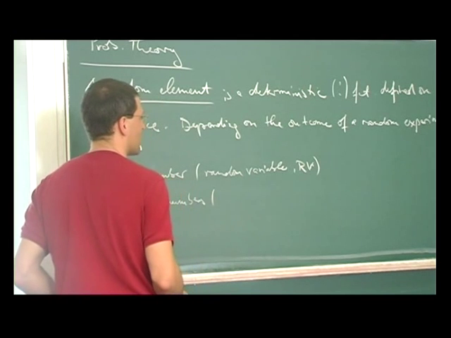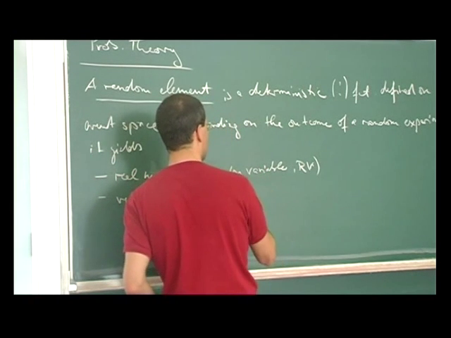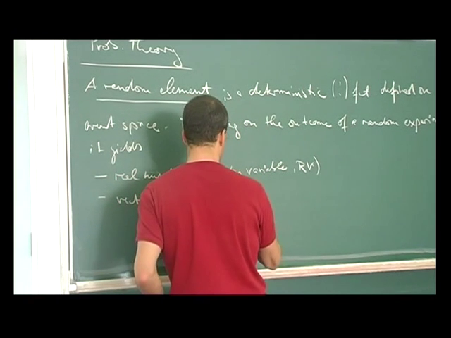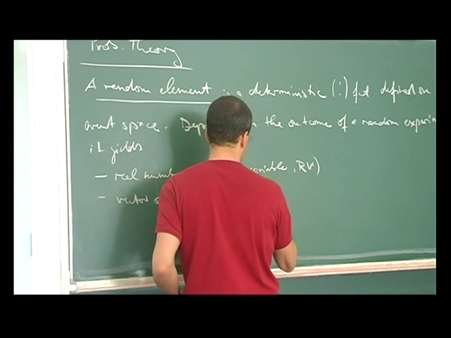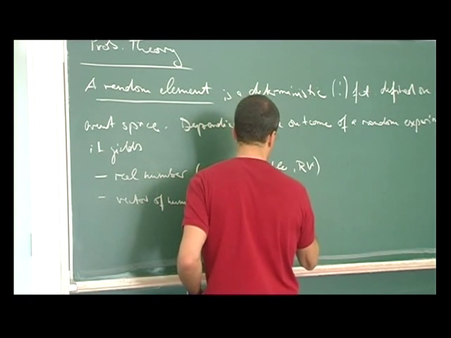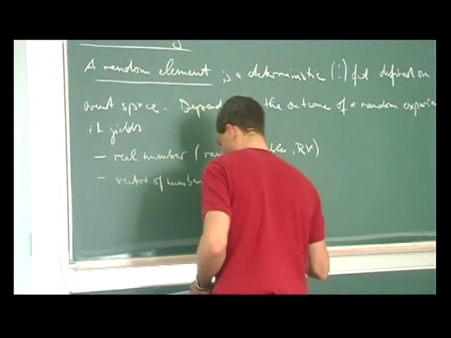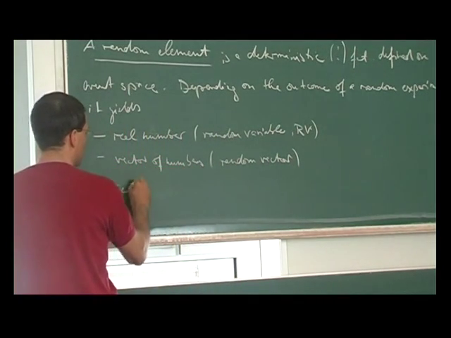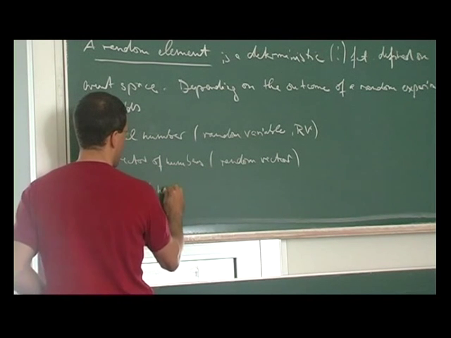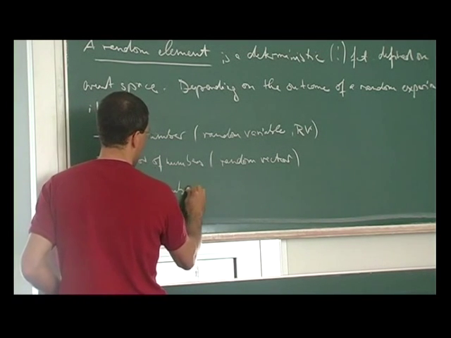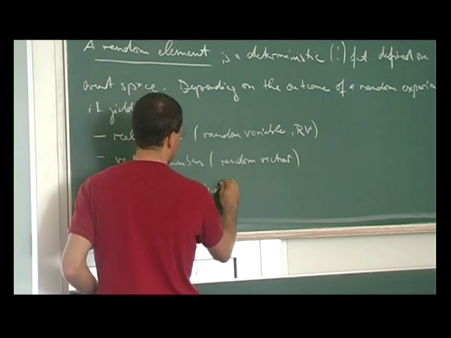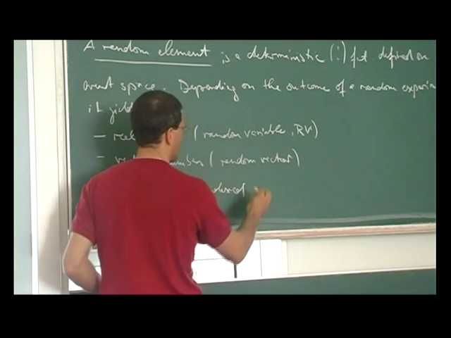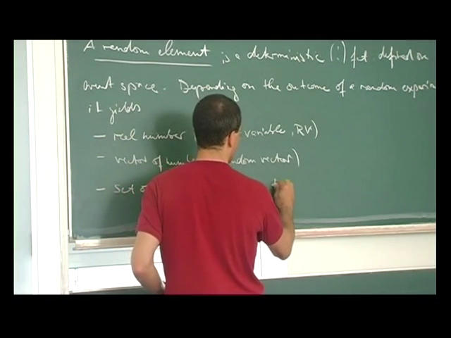This would be a random vector or a multivariate random variable. Or it could be a whole set of numbers that are indexed by time or by space.